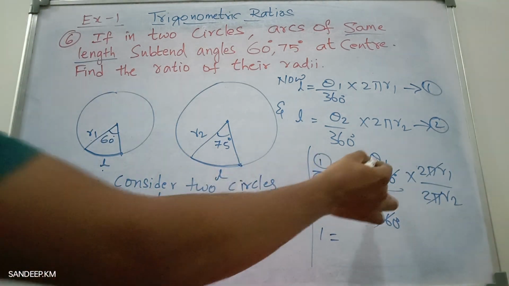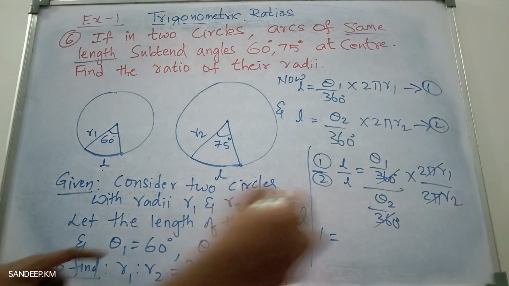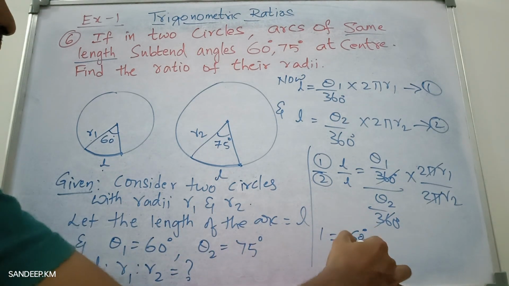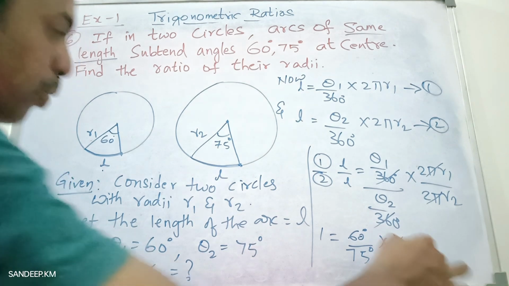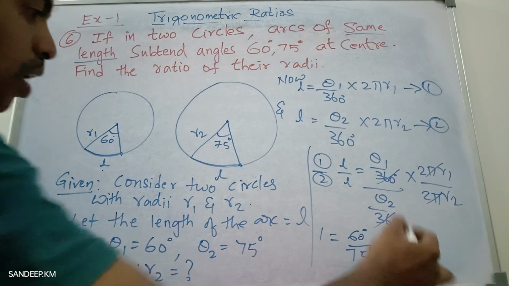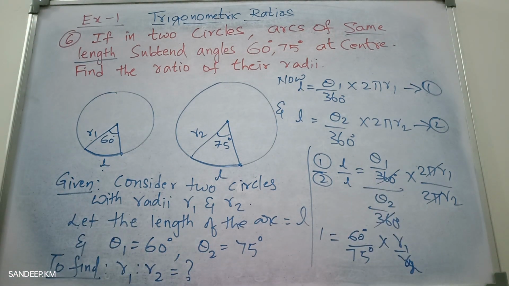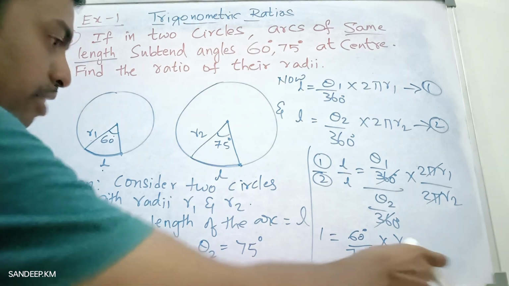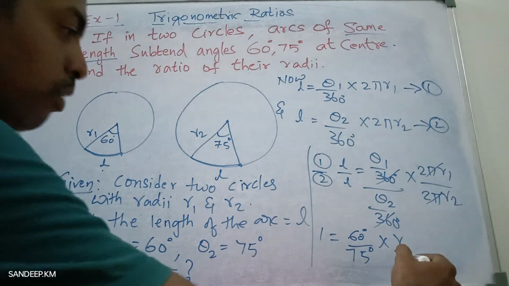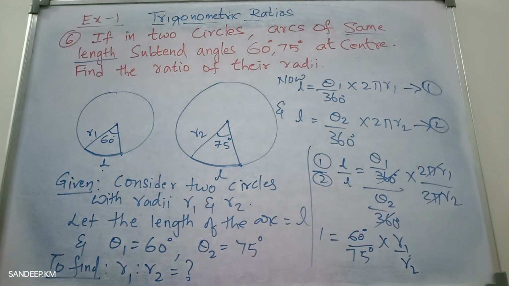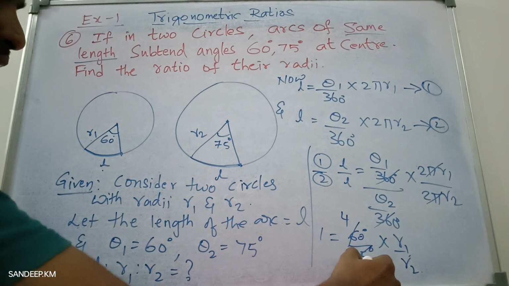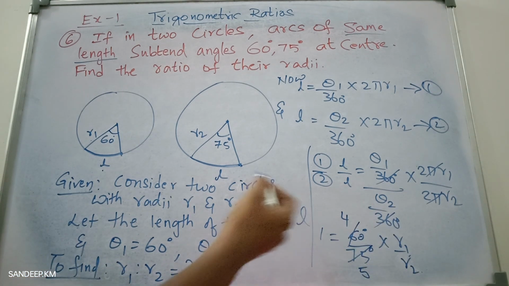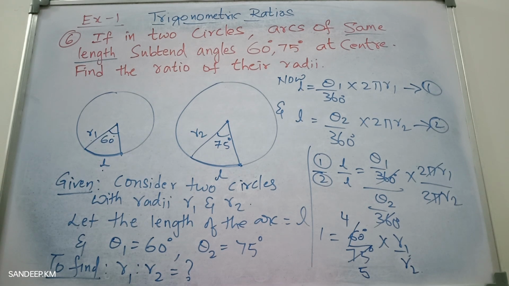So 1 is equal to theta 1 by theta 2, theta 1 is 60 degrees, by theta 2 is 75 degrees, into R1 by R2. You can divide 60 and 75 with which number? Both are divisible by 15, right? 15 4s are 60, 15 5s are 75, and then cross multiply. Finally you will get R1 by R2.